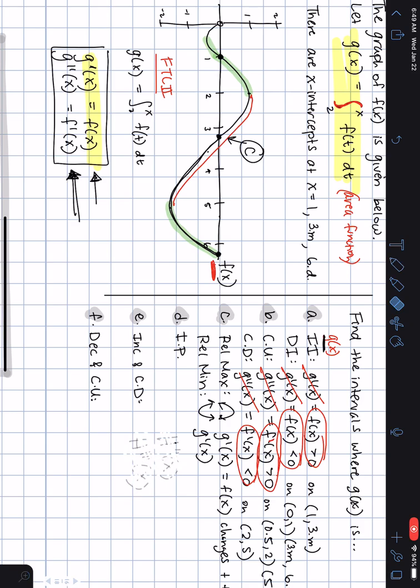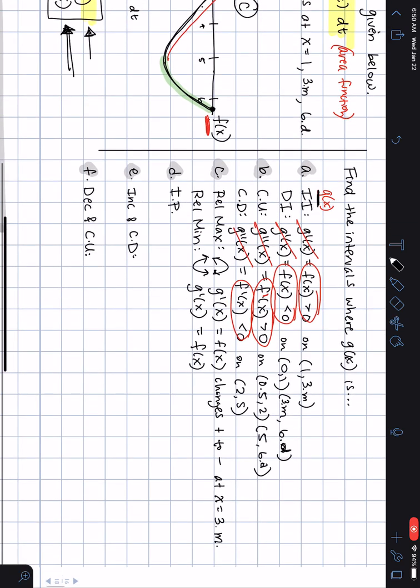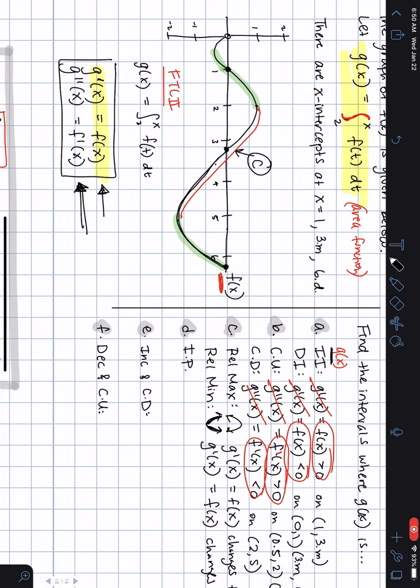So it's always one derivative away, okay? The relative min of G is where G prime, which is f of x, changes. So it was negative and then positive. And we change from negative to positive, right here. I'm below the axis, I'm negative. I'm above the axis, I'm positive.